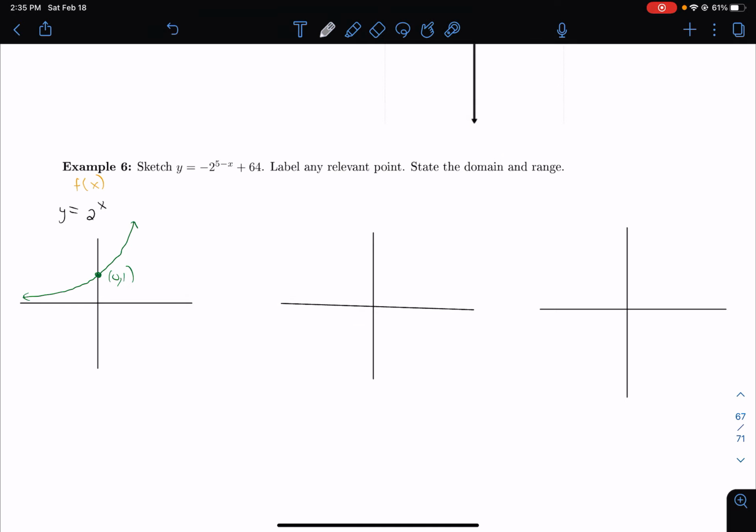And that's if inside the function, where the x is getting plugged in, so for this function, the x is getting plugged in to the exponent. If right next to the x, inside the function, there's a negative sign, but there's also a number, which is this 5, right next to the x, then we do this step first, which is we are going to factor a negative out of those two terms.